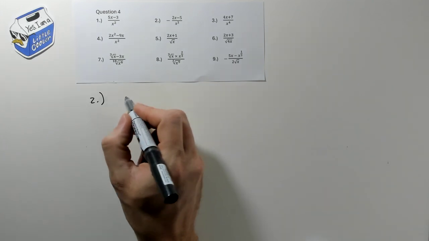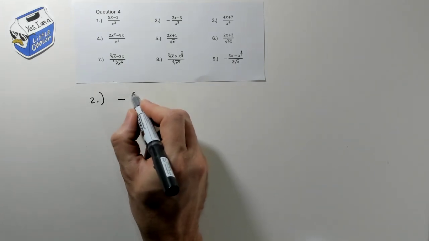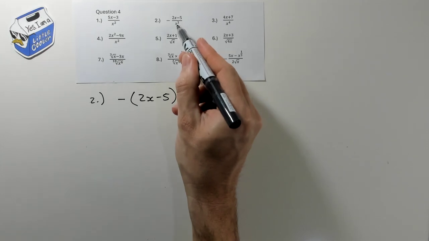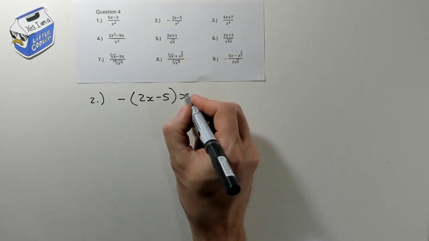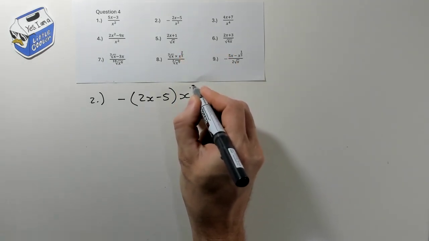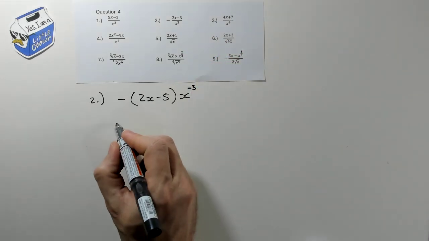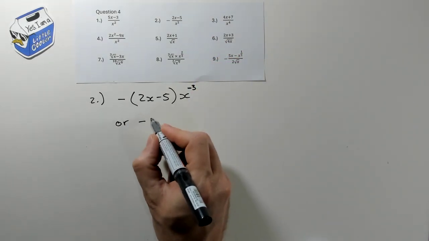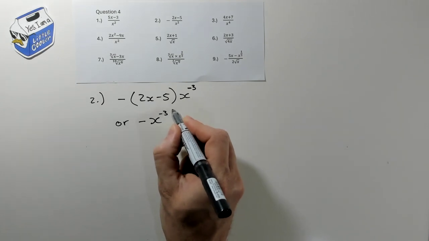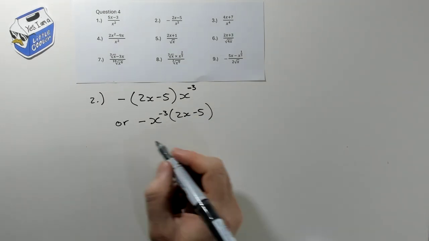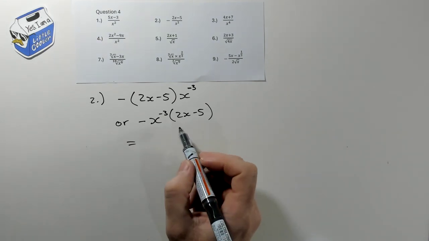So number 2 can have negative 2x minus 5, and I'm going to bring the x cubed to the top, x cubed, but it's a negative because it's coming from the bottom. I could write it here as well, or I can write negative x to the power of negative 3 times 2x minus 5. Maybe you find that easier to see or to understand.